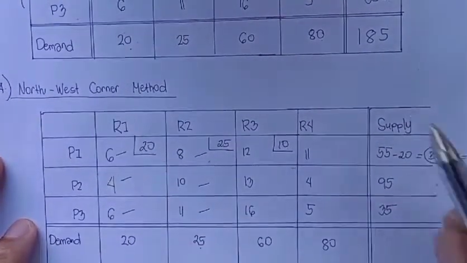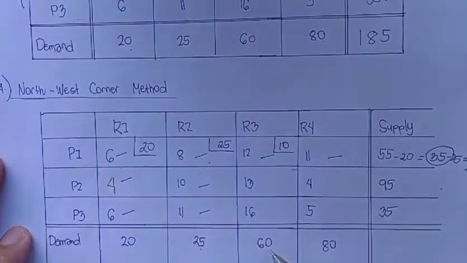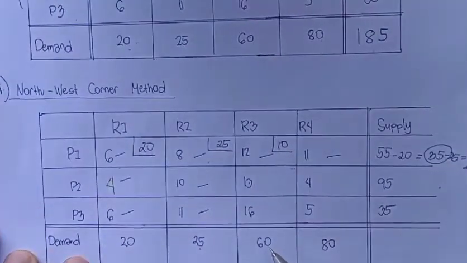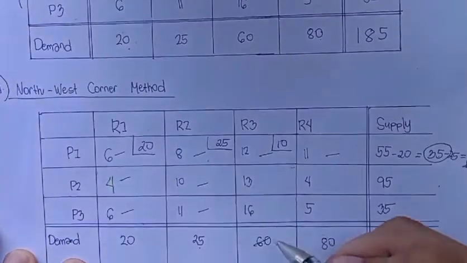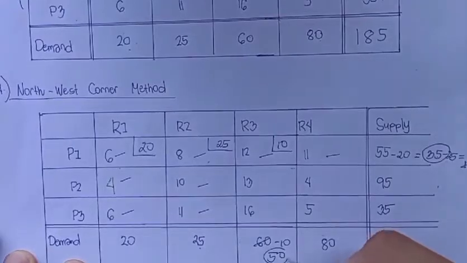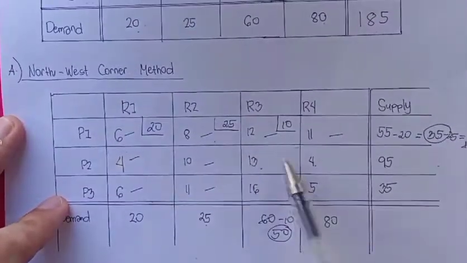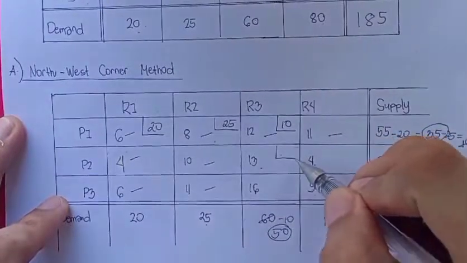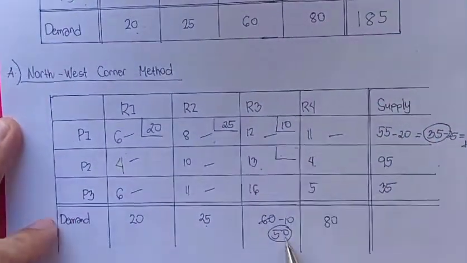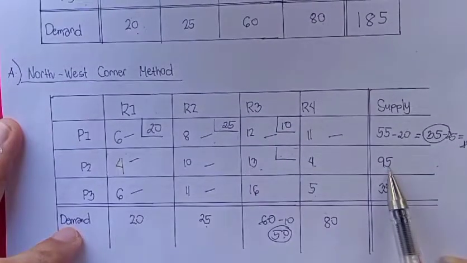So the first row is satisfied. And we will deduct 10 in the third column. So the remaining demand is 50. So there are 4 cells left. We will start this cell. This cell, the demand is 50 and the supply is 95.